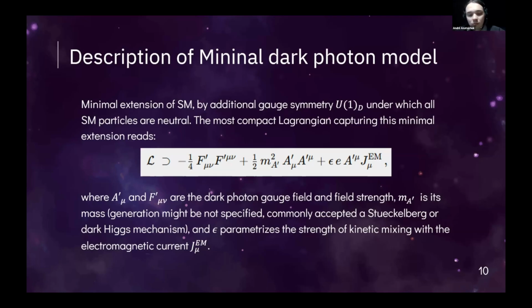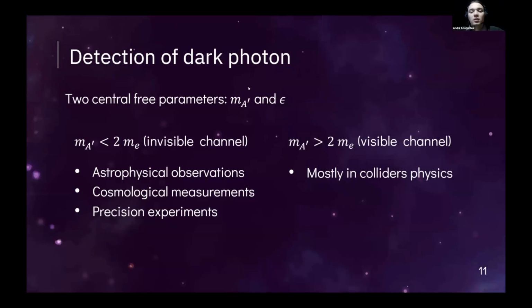Compared to the usual photon, it has a mass. So we have a mass parameter, and also in this model we have a coupling that we call epsilon, which corresponds to kinetic mixing with the electromagnetic current. So again, we have two parameters: mass and epsilon.